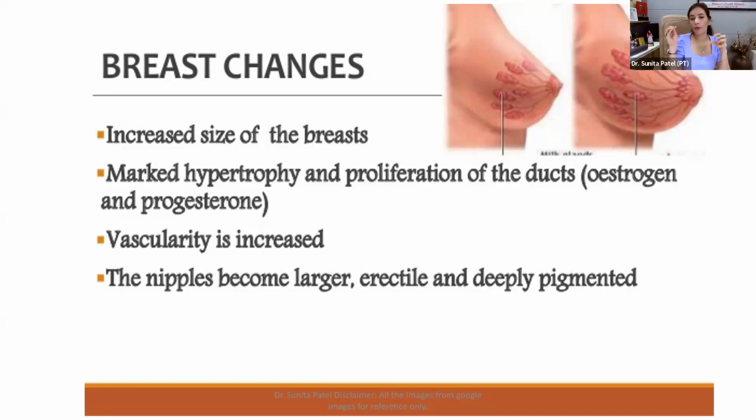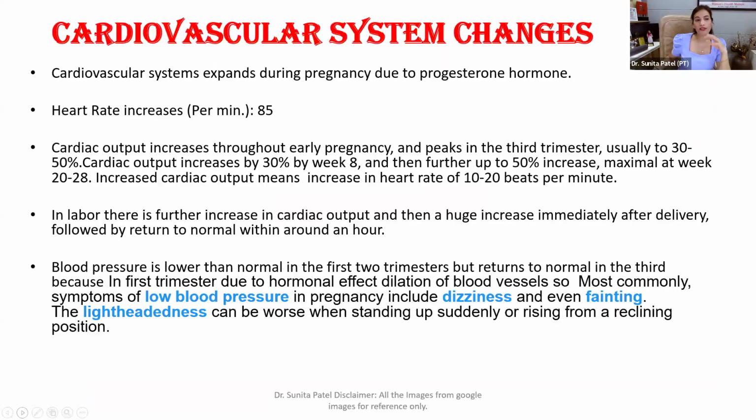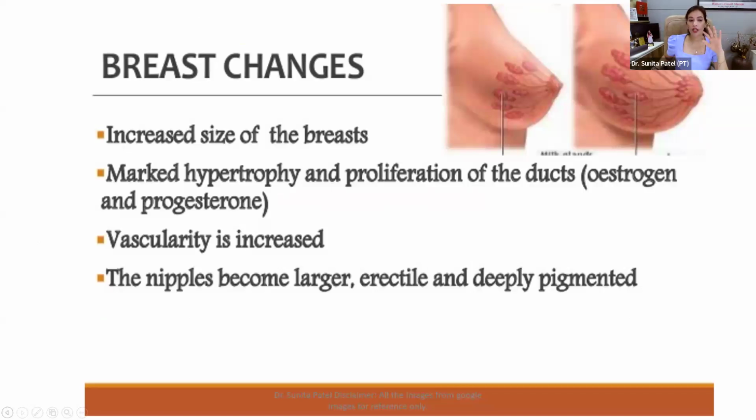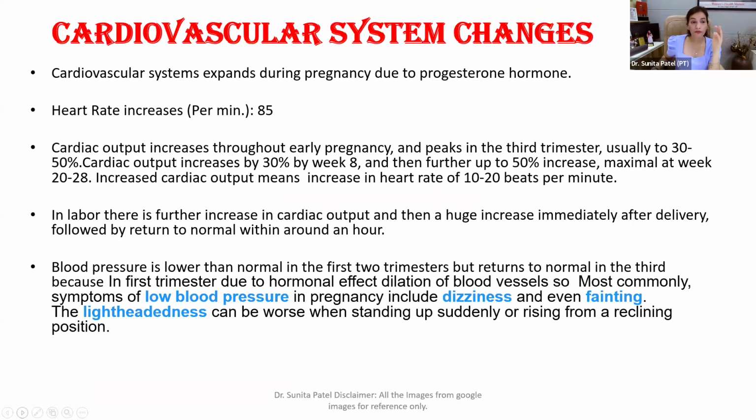The nipple will become larger, erectile, and deeply pigmented because of the rich blood supply, and more functional. The areola will become bigger in size and darker in color. Those are the changes you can see over the breast or mammary gland of a female. Okay, so I hope you understood. Milk will not come, but it is already ready. Everything is ready, but milk will not start coming outside because oxytocin is going to do that work after the child.